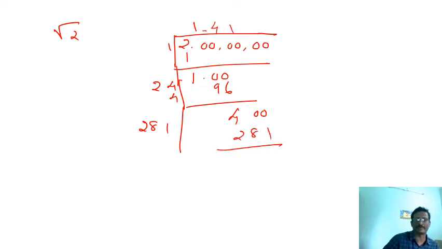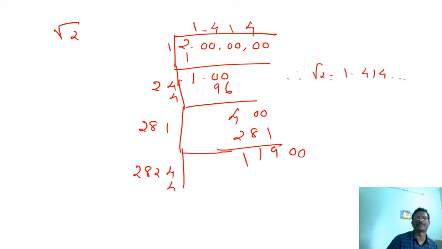Now subtracting gives 119, again 20, so 141. 141 doubled is 282; maximum 4 only will come here, you can check it also. 1.414, therefore root 2 is equal to what?